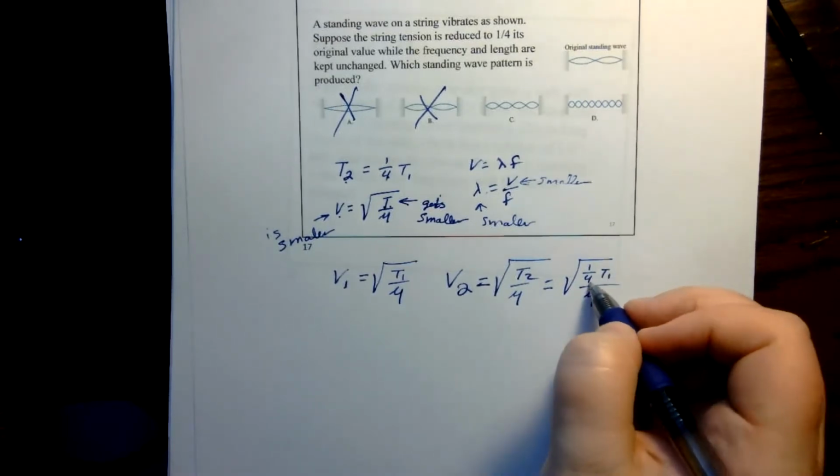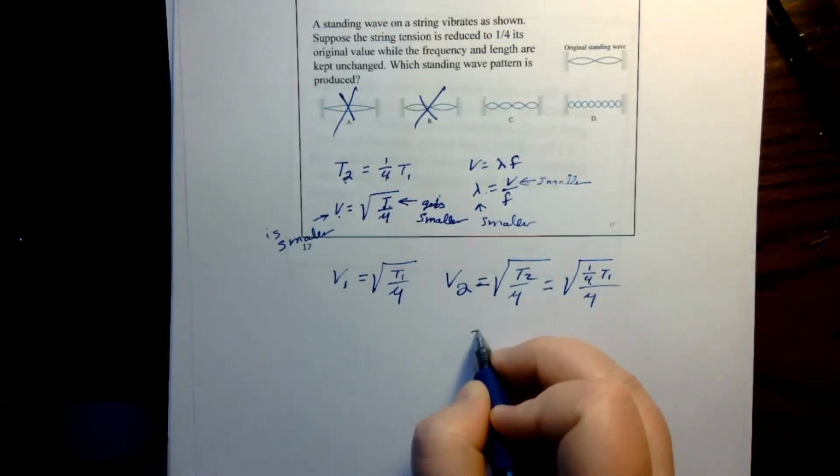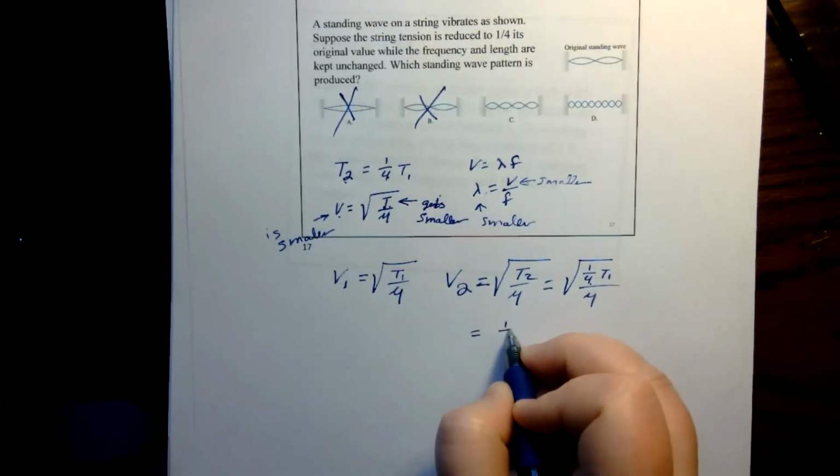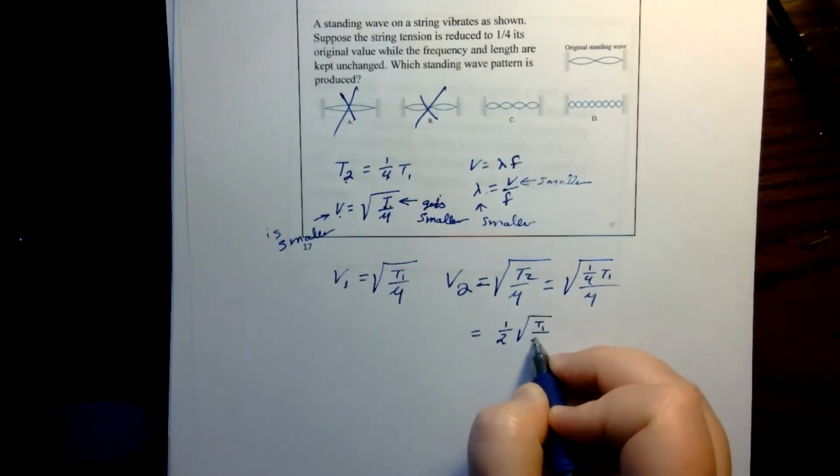This will allow us to pull the 1/4 out of the square root. We're going to take the square root of the 1/4, which is 1/2, which is going to give us a 1/2 square root of T1 over mu.